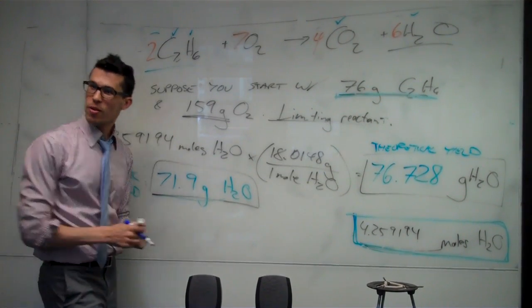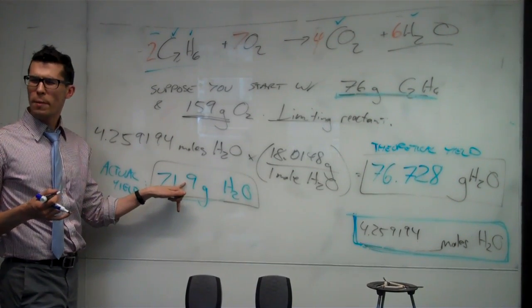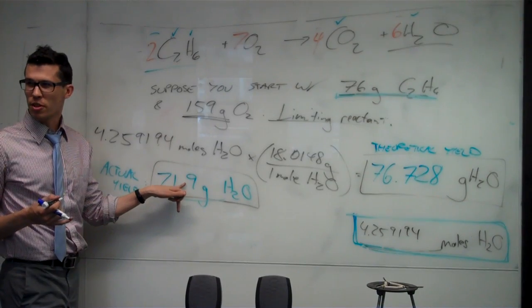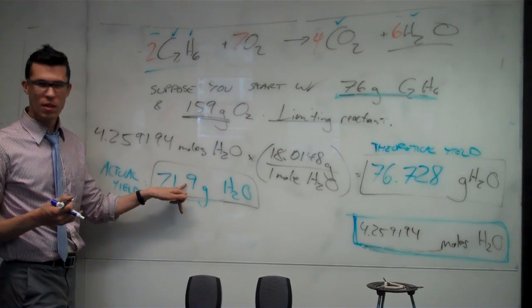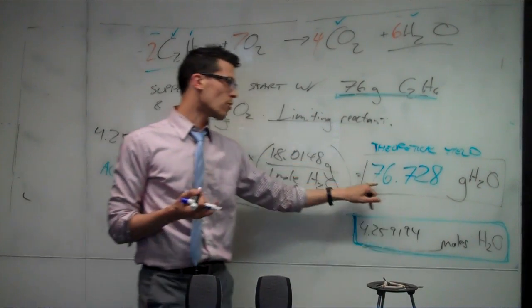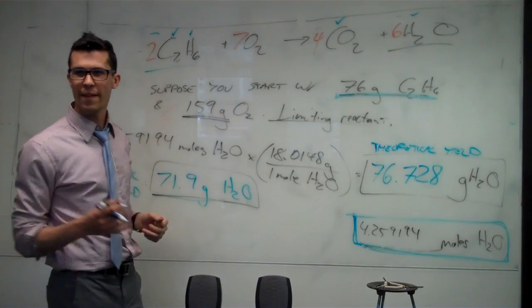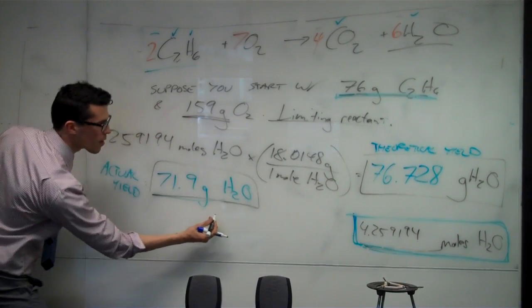So, let's suppose that this is our actual. What would be the percent yield that you would get? If this is your actual, and you knew that this is your theoretical, how would you set it up? Actual over theoretical times 100.